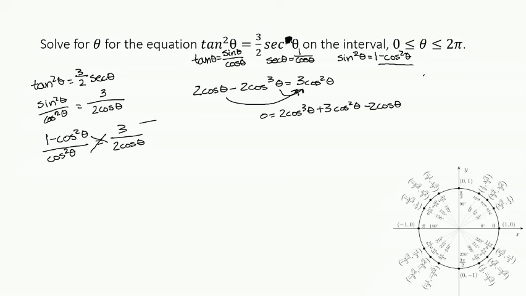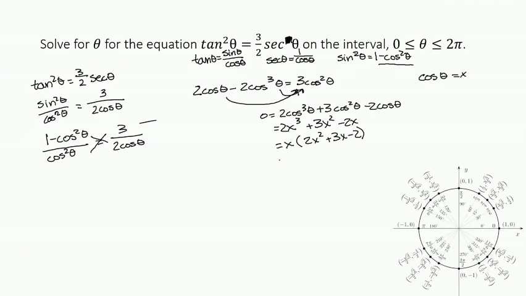Now again, for this one, if we substitute cosine of theta for x, we can see that this is basically 2x cubed plus 3x squared minus 2x. So then, just normal factoring, we are going to factor out the greatest common factor, which is an x, and then we get 2x squared plus 3x minus 2.